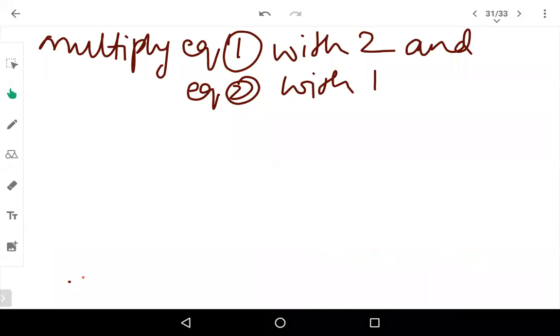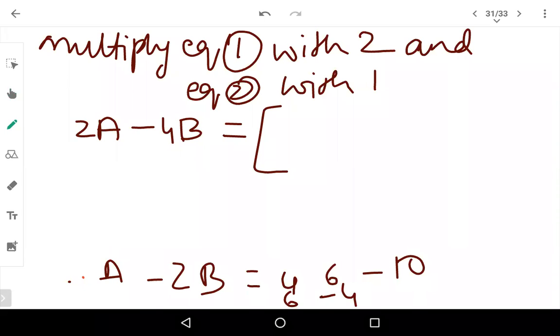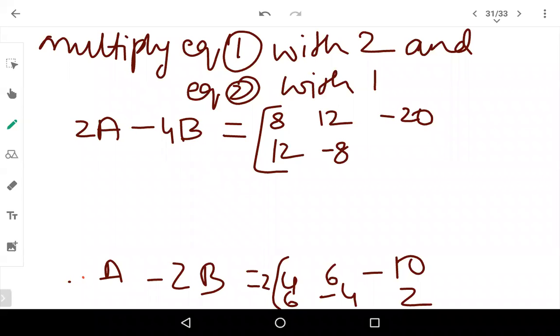A into 2 is 2A, minus 2 into 2B is 4B, is equal to the multiplied matrix. 4 2s are 8, 6 2s are 12, 2 into minus 10 is minus 20, then 6 2s are 12 again, minus 4 into 2 is minus 8, 2 2s are 4.